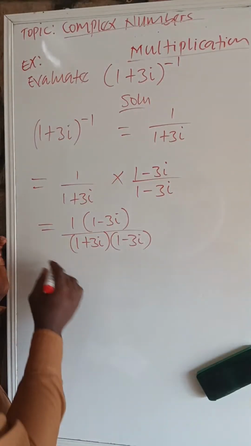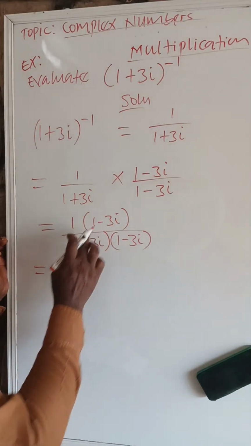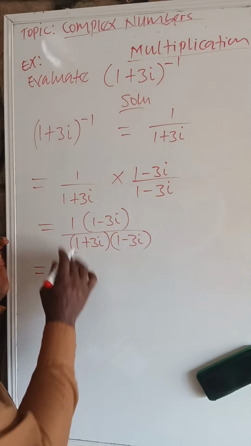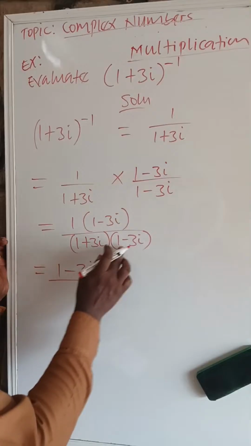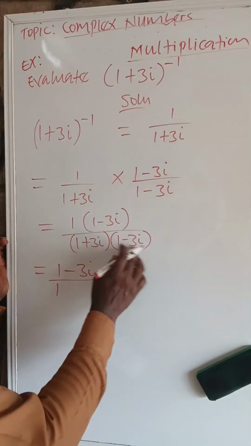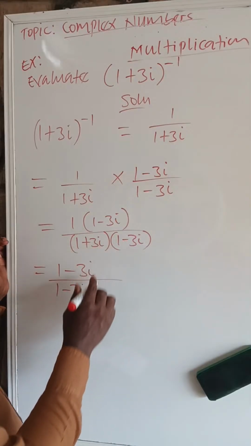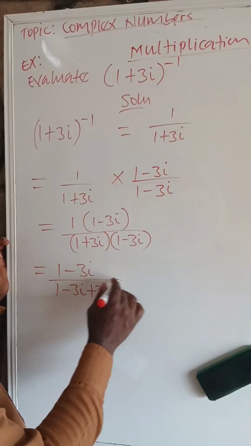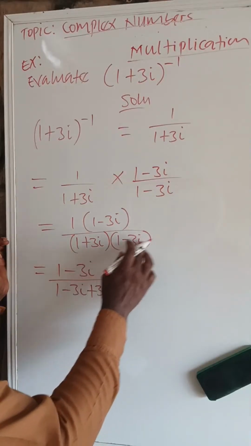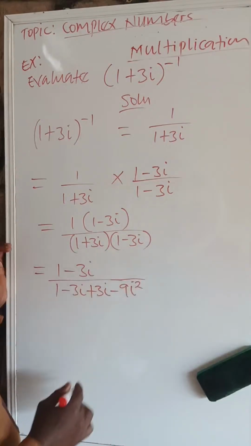This will now be 1 times 1 is 1, 1 times minus 3i, all over 1 times 1, 1, 1 times minus 3i, plus 3i times 1, plus 3i, then 3i times minus 3i, minus 9i squared.